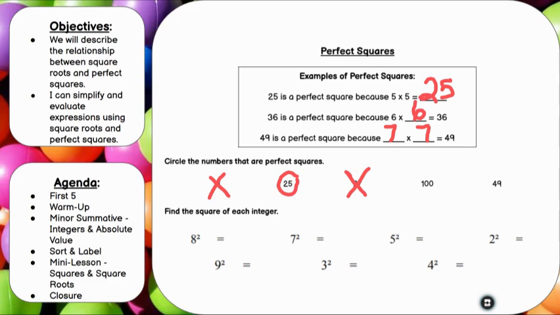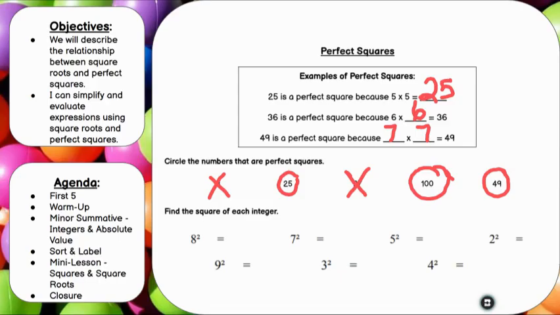Yes. Hopefully you thought 10. 10 times 10 would give us 100. So 100 is a perfect square. And then the last one, 49. What number times itself would give us 49? Is there a number? Hopefully you said 7, because 7 times 7 would give us 49 as well.